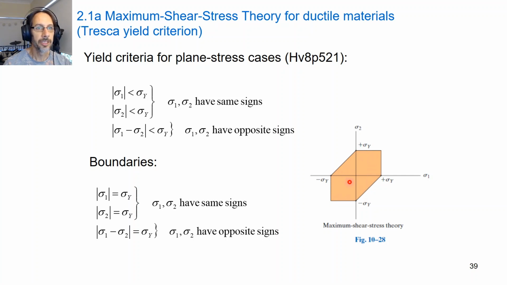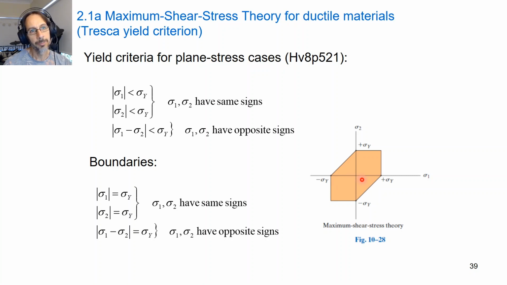Okay, so we've plotted over here a graphical representation of the Tresca yield criterion, or the maximum shear stress theory. So if your principal stresses are inside here, then you haven't yielded yet. If you're outside here, then you've yielded. If you're on the boundary, then you're at the point of yield. So if we take the case where the principal stresses have opposite signs, let's say the principal stress in the one direction is positive, and the minimum principal stress is negative, then you're down in here.